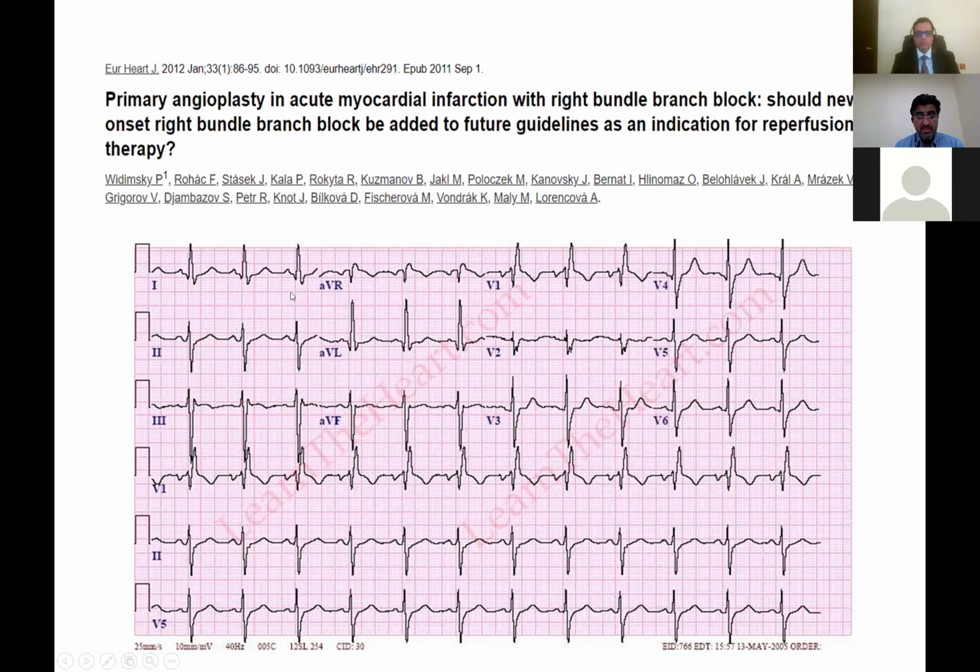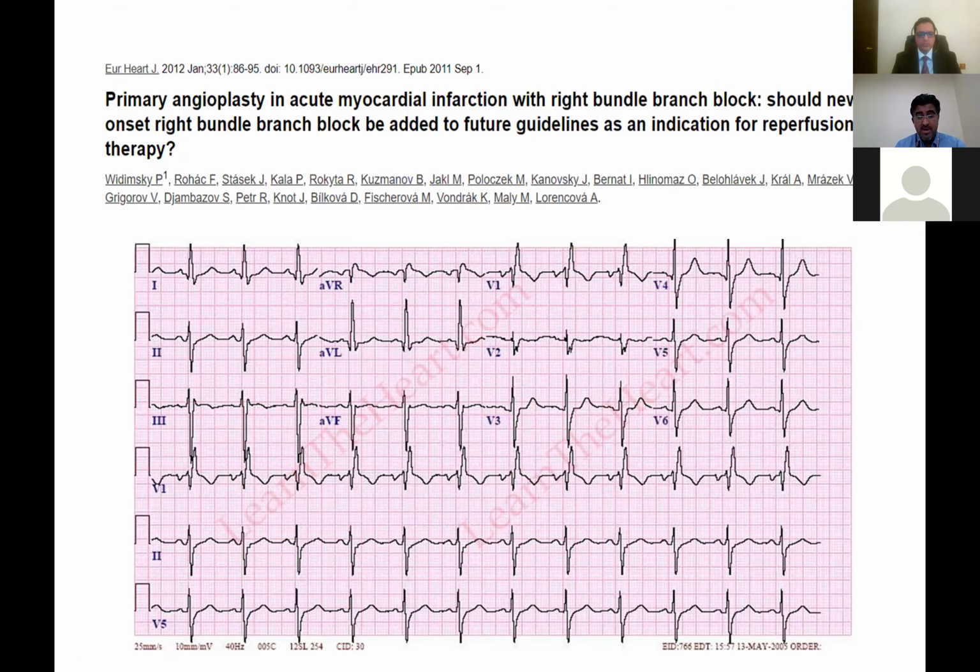So right bundle branch block with left axis, then you go and check the other criteria of the left anterior fascicular block. They have a small, tiny Q wave in lead 1 and a deep S wave in the inferior leads. So this is left anterior fascicular block.